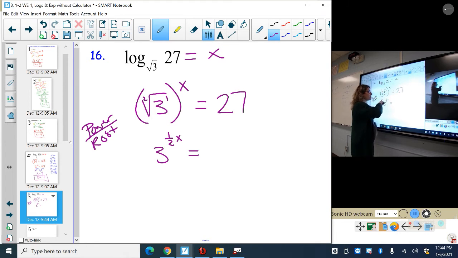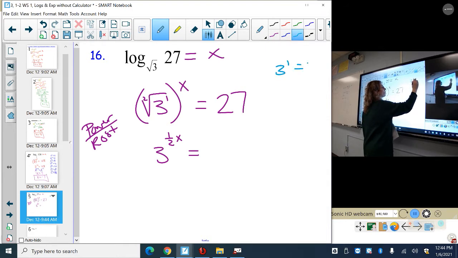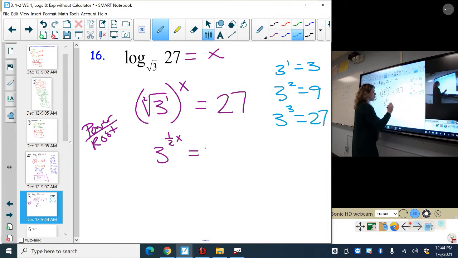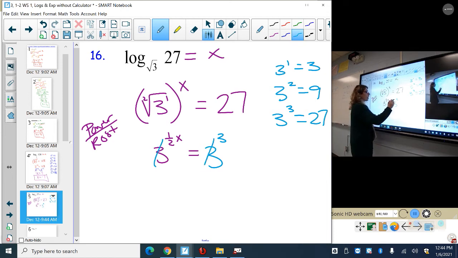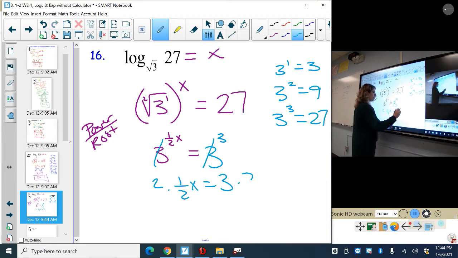I need my bases to match, so can I express 27 as 3 to a power? Let's think about that. 3 to the first is 3, 3 squared is 9, 3 cubed is going to be 27, so that means this is 3 cubed. Cancel out the 3's, and I have 1/2 x is equal to 3, multiplied by 2, x is equal to 6.